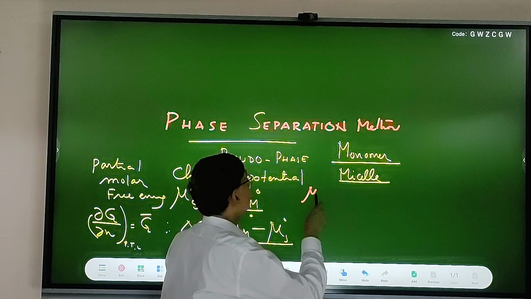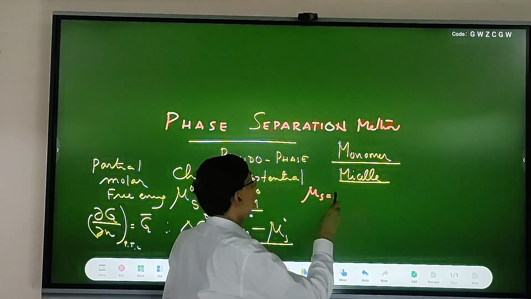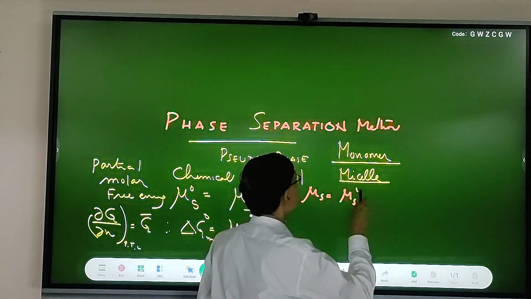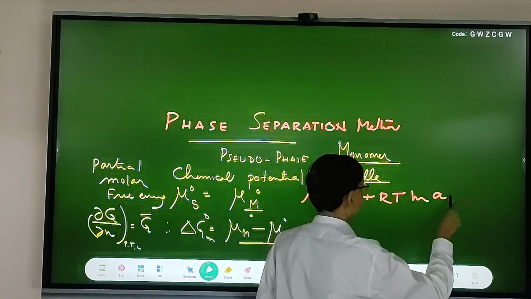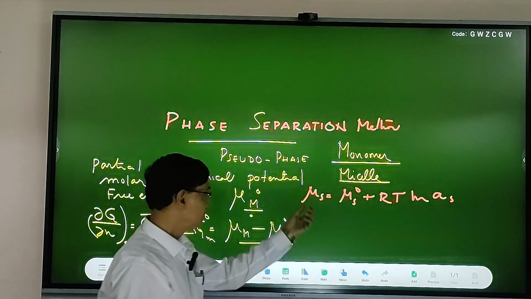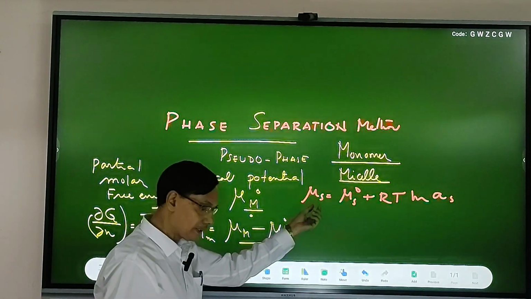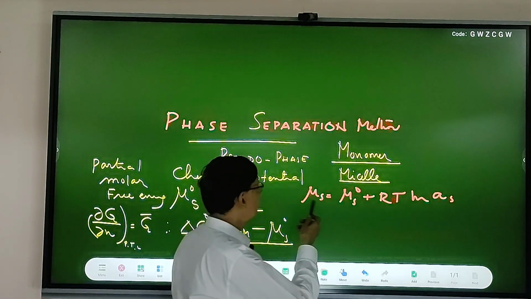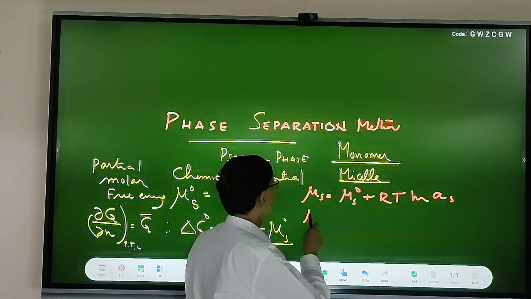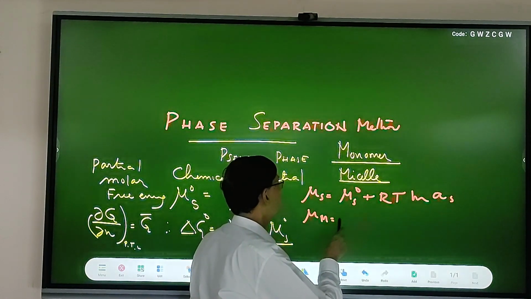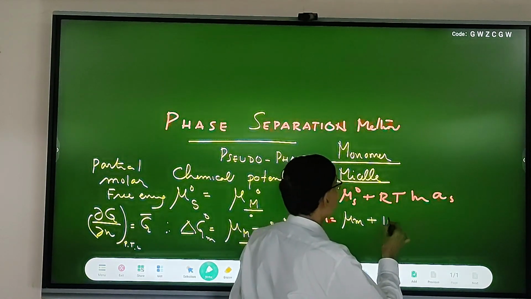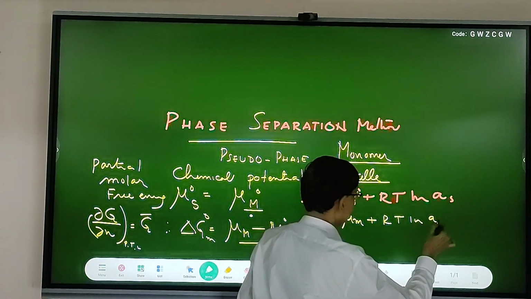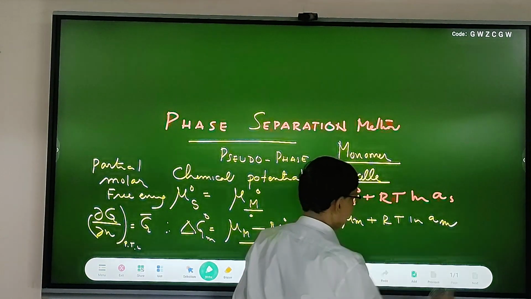It is again a common form: mu S is equal to mu S zero plus RT natural log of activity of the surfactant phase or monomer phase. Again, mu of M or small m, you can write like that, mu M plus RT natural log of activity of micelles.